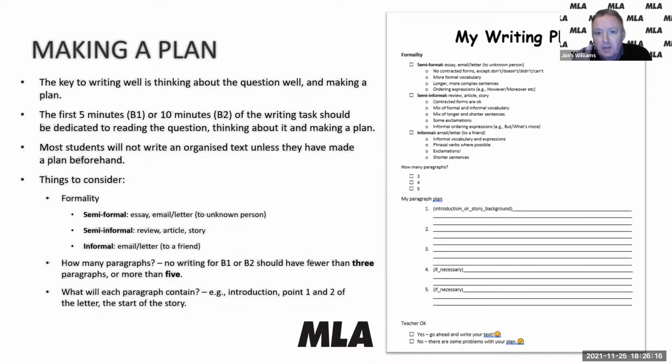In the writing plan, I've got some of the characteristics of those. I don't think we have a lot of time to go through them, but you probably have some idea. Obviously, a lot of that is about vocabulary, but it's also about sentence structures, and the abbreviations and contracted forms you can use.